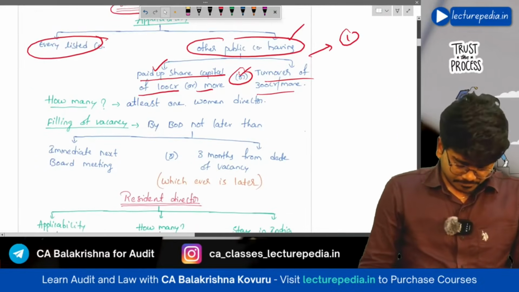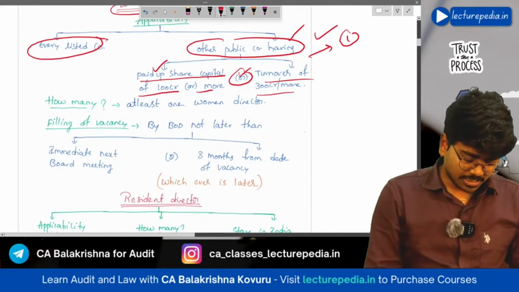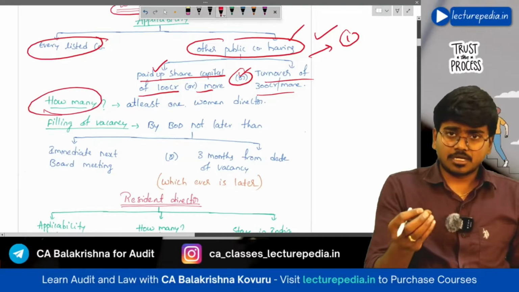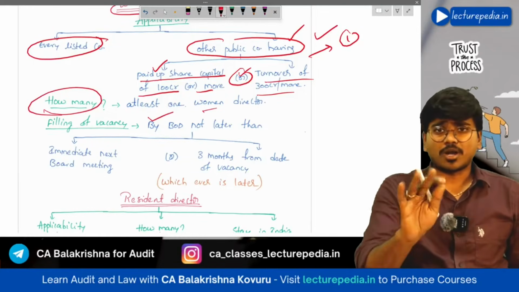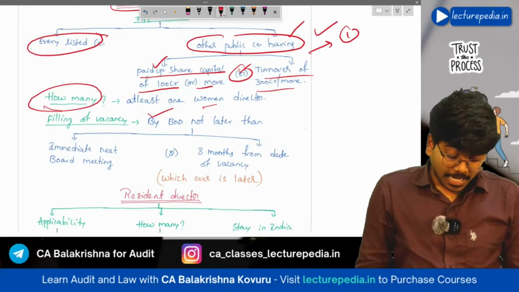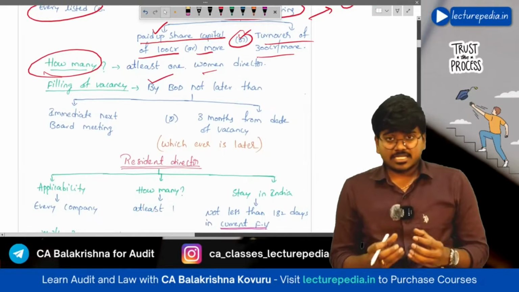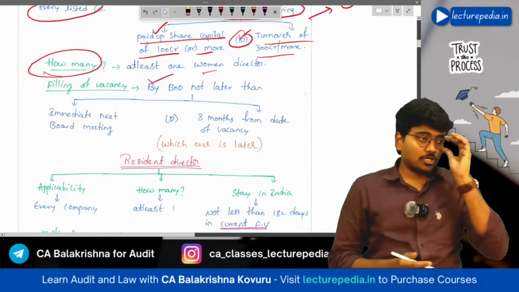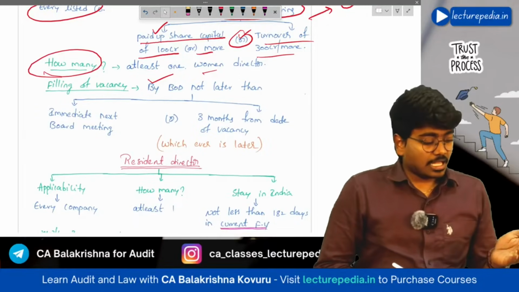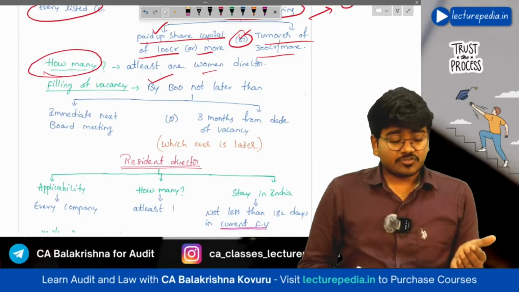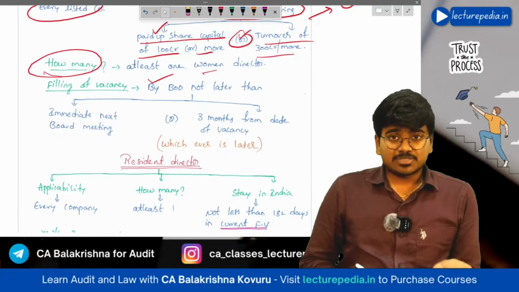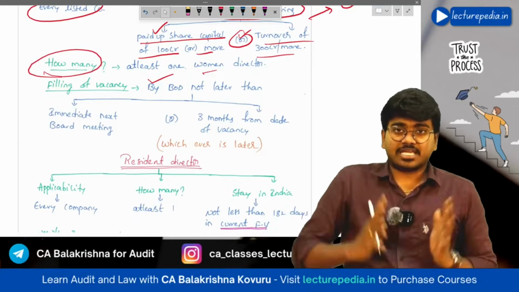The minimum number of women directors is at least one. And let's say the company has appointed a woman director, and if the office of this woman director becomes vacated, how to fill that vacancy?